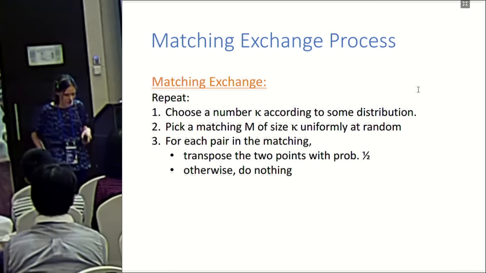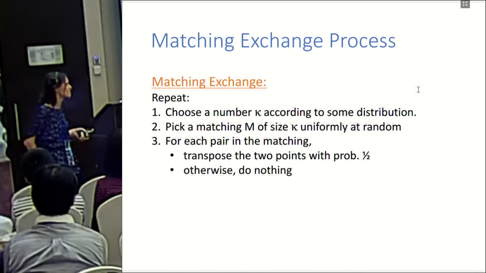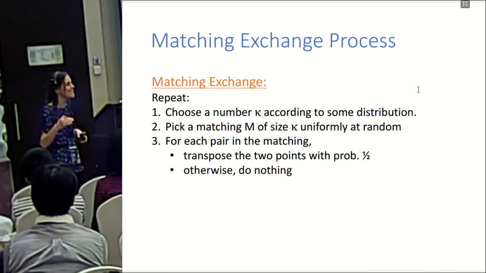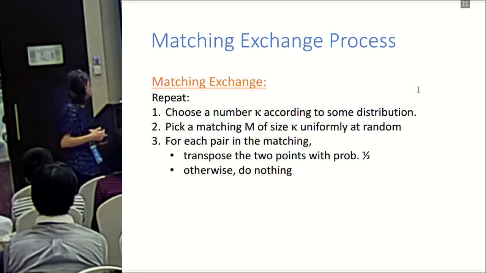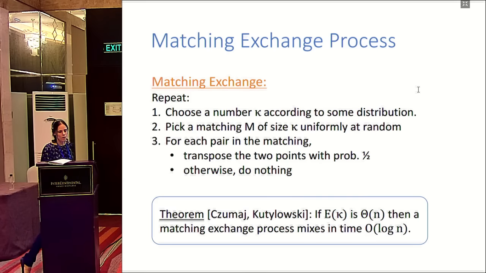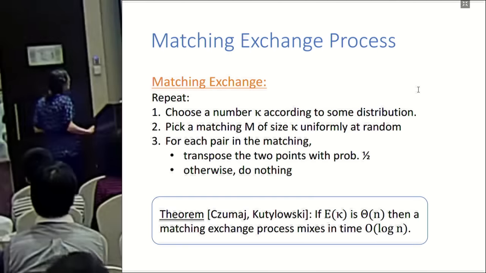Although we're not generating the matchings uniformly at random, if we look at all the matchings of a certain size, those all have the same probability. All right. OK, and their theorem says that as long as the expected value of kappa is O of n, then a matching exchange process mixes in time O of log n.